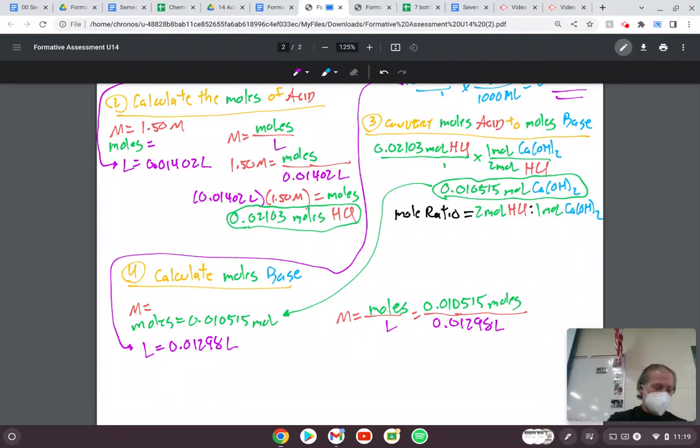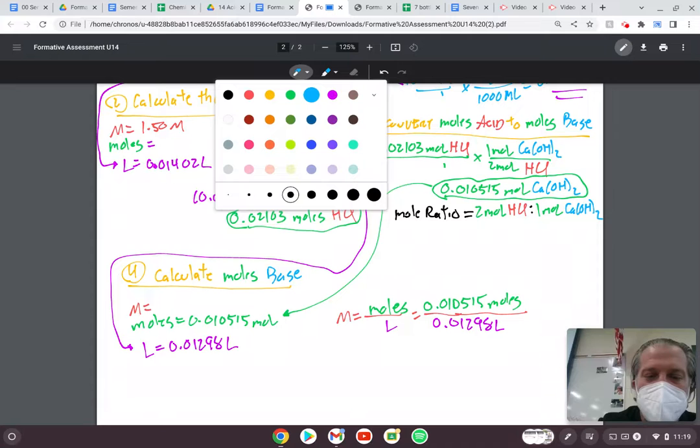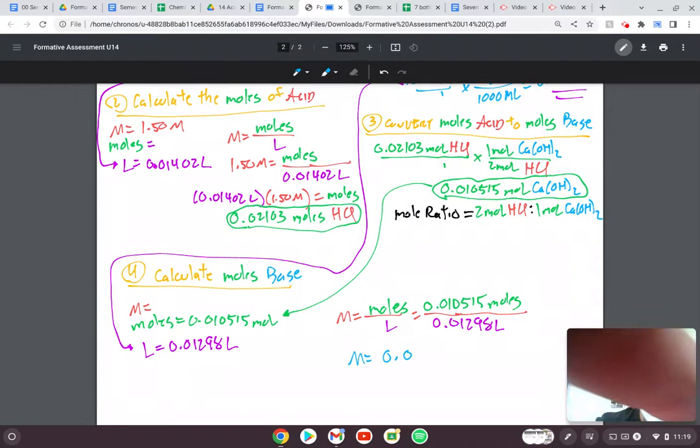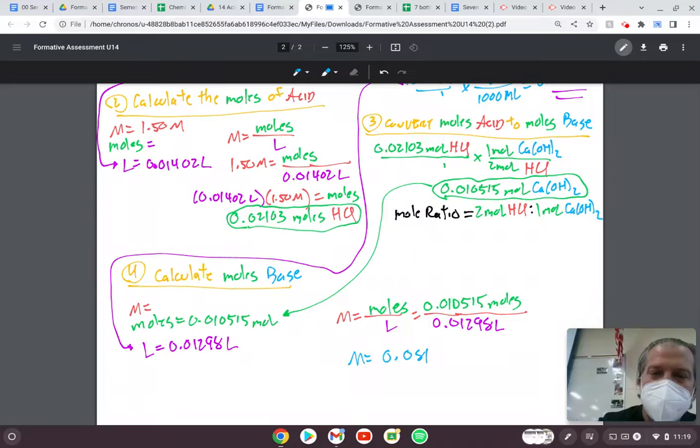So I'm going to take that and divide that out. And the molarity that I'm going to end up with of my base is going to be 0.8100924 something something something.